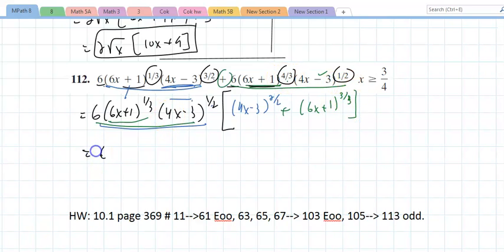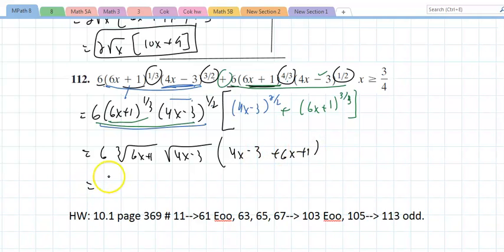So my answer is 6 times the cube root of 6x plus 1. You could leave it as a fractional power, that's fine. Times the square root of 4x minus 3 times 4x minus 3 plus 6x plus 1. So that is 6, the cube root of 6x plus 1, the square root of 4x minus 3, 10x minus 2.